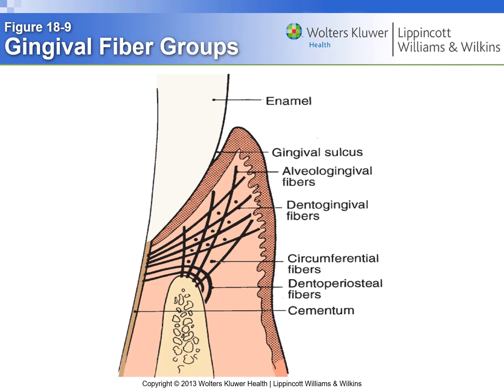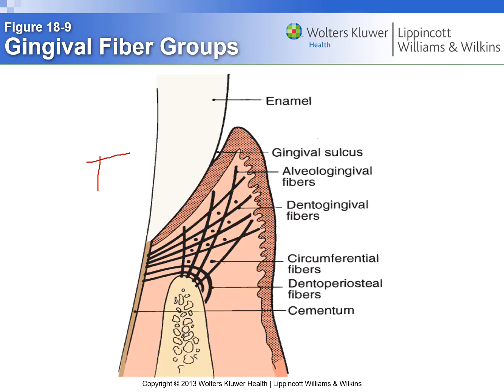So here you have gingival fiber groups. You have gingival fiber and principal fibers. Here's the enamel you can see in the tooth over here. That's the tooth. And you have the sulcus. Then you're going to have alveolo-gingival fibers, and in their name, they say their direction and where they attach to and come from.